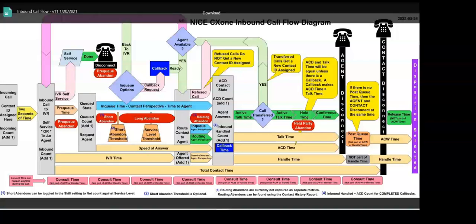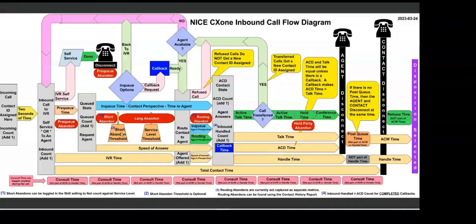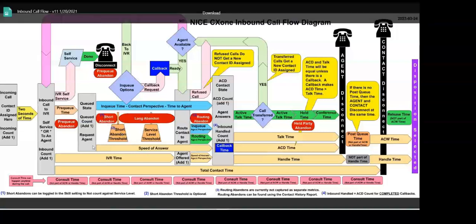Along the way, it could be short abandon, it could be long abandon, depending on whether you're using the short abandon option. And that's what these little notes on the bottom are about.